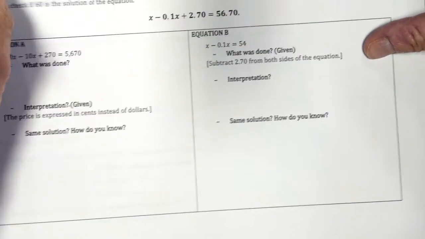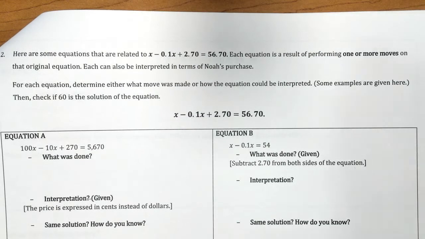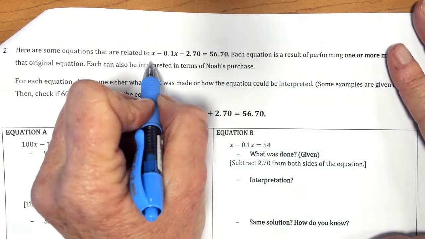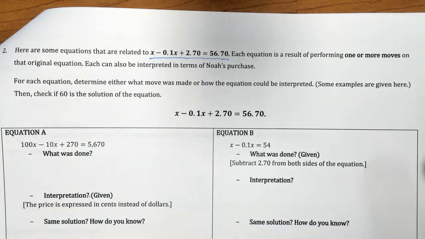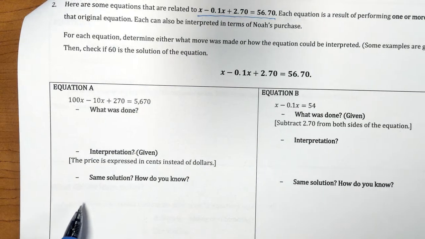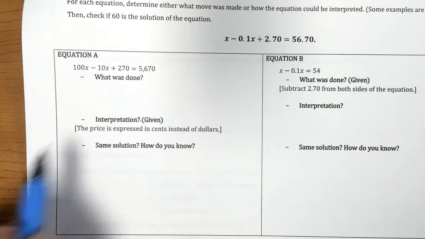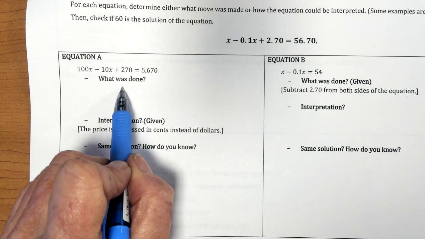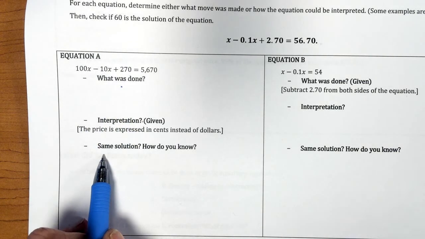So now what we're going to do is look at the same equation again, right here, and look at some moves that were done to the original equation. We're going to be given some information that we could use, and we're either going to say what was done, or interpret it, or figure out, is it the same solution?